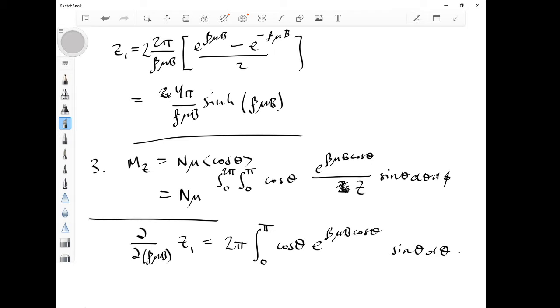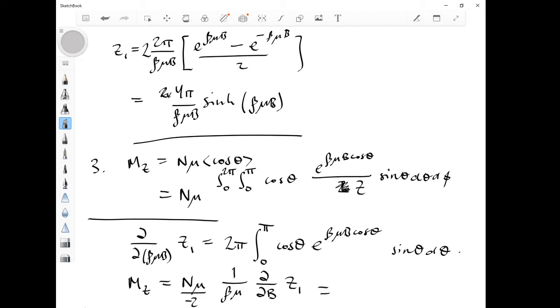And so what we can do is write Mz is equal to n mu, and we then take 1 over beta mu, because let's just take the derivative in terms of capital B instead of the whole lot. So we've got 1 over beta mu d db of z1, and this was all over z, so let's bring z out the front.